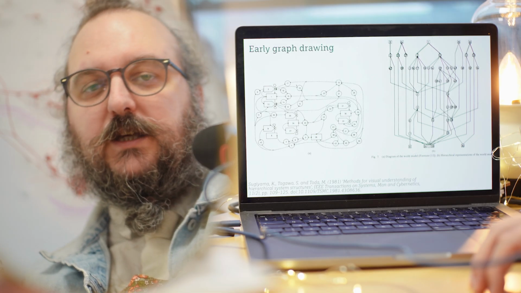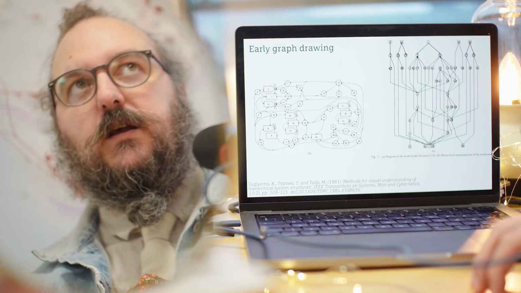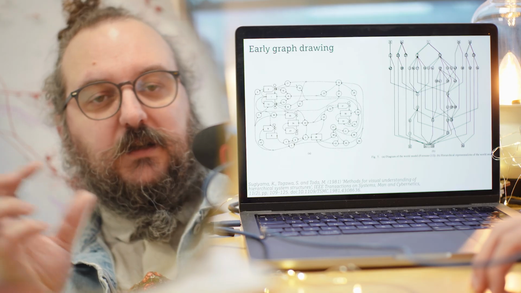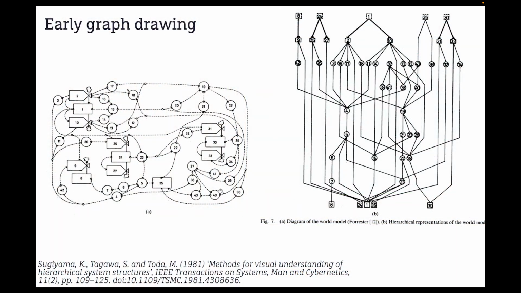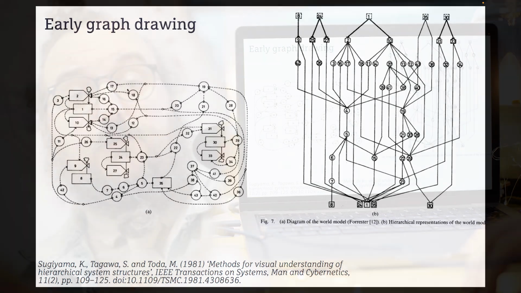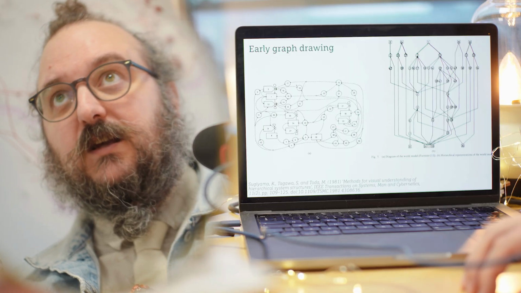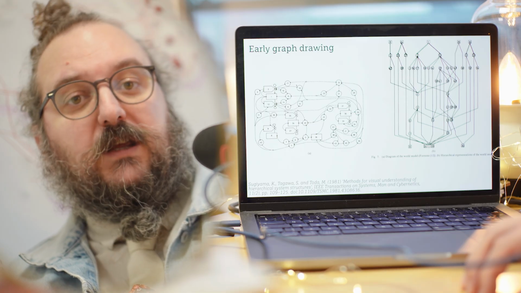The key takeaway here is that small networks can be understood by just looking at which boxes are connected to which boxes, which nodes are connected to which nodes. You can actually track the connections individually because you don't have that many, and then you can spend the time you need to understand what is connected with what, and you can get the information encoded into the network that way.